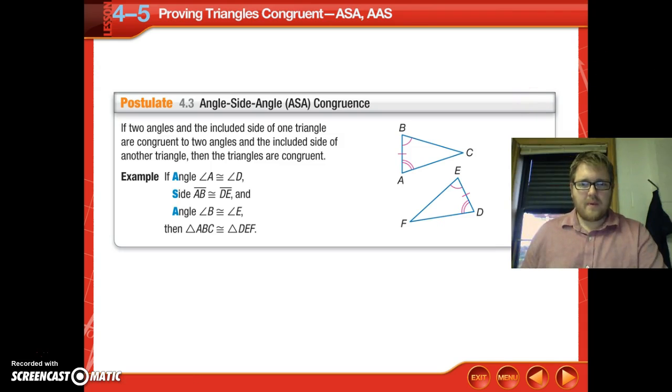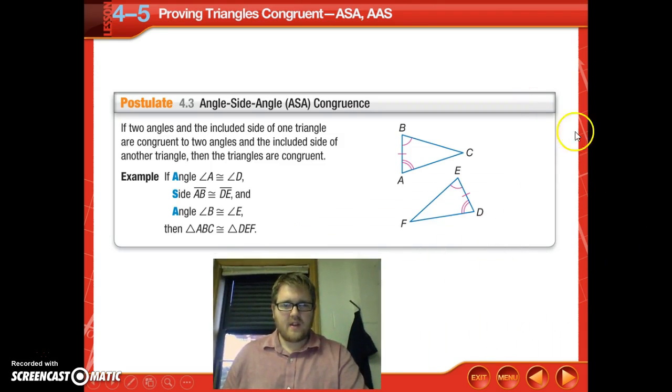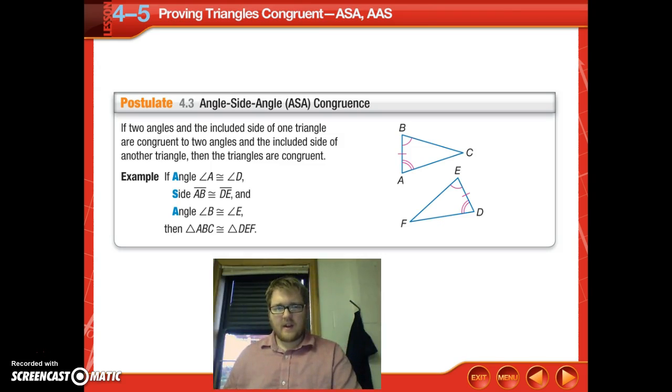So looking at our Postulate 4.3, we have here: if two angles and the included side of one triangle are congruent to two angles and the included side of another triangle, the triangles are congruent. So if we take a look here, we've got triangle BAC and triangle EFD.